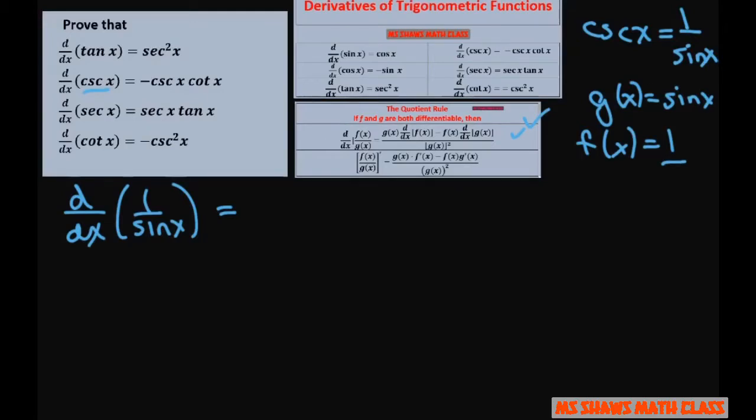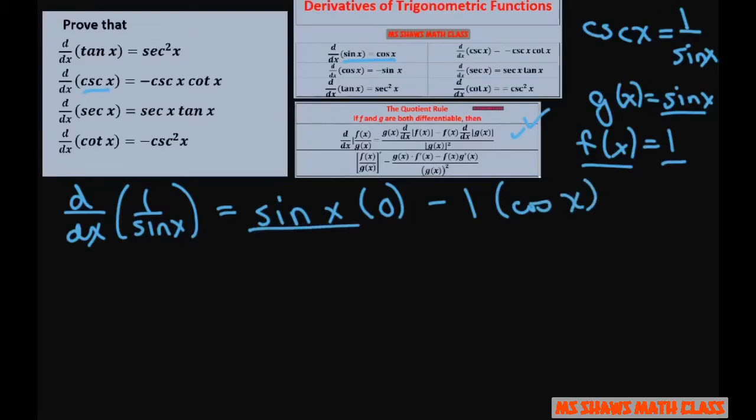So when we write this out, we're going to get sine of x, which is g of x, times the derivative of 1, which is just 0, minus f of x times the derivative of sine of x. The derivative of sine of x is cosine of x.